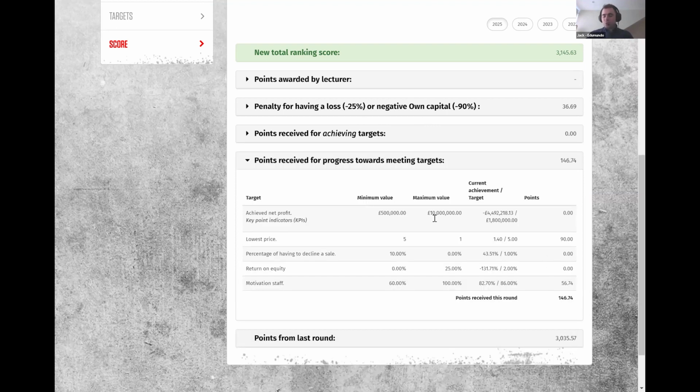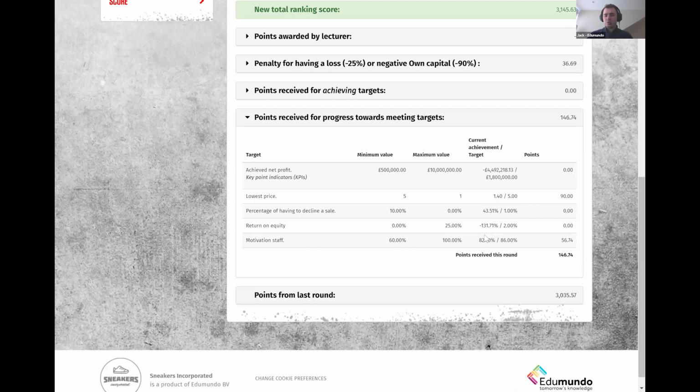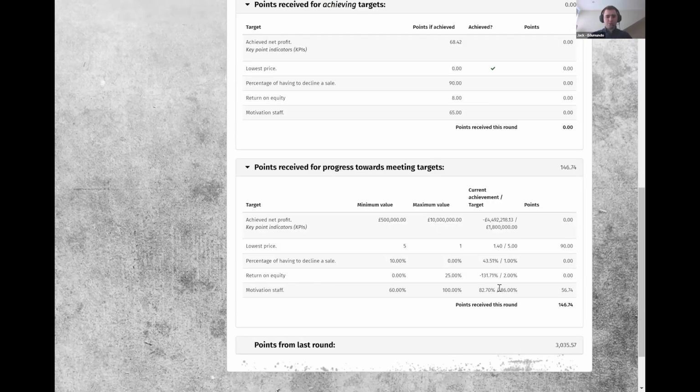This can be applied for all the targets, changing and adjusting them to whatever you think is going to be best for your company in order to earn the most points. And that could also mean reducing a target level. So for example, we can see that for the motivation of staff, the current target was at 86%.